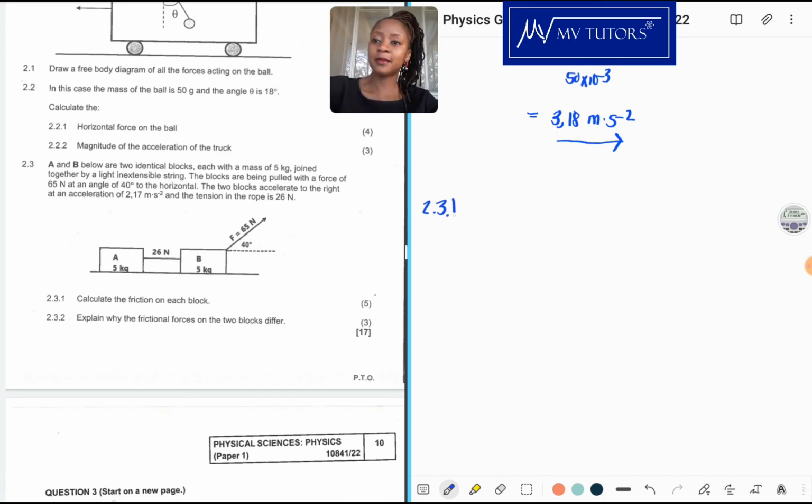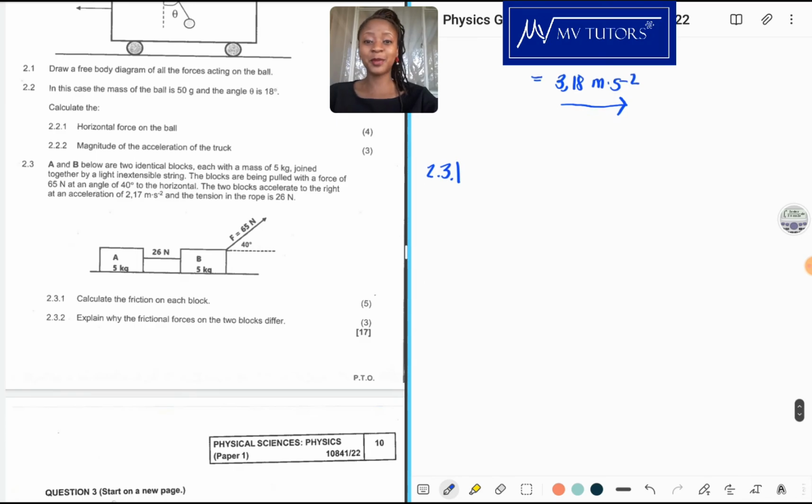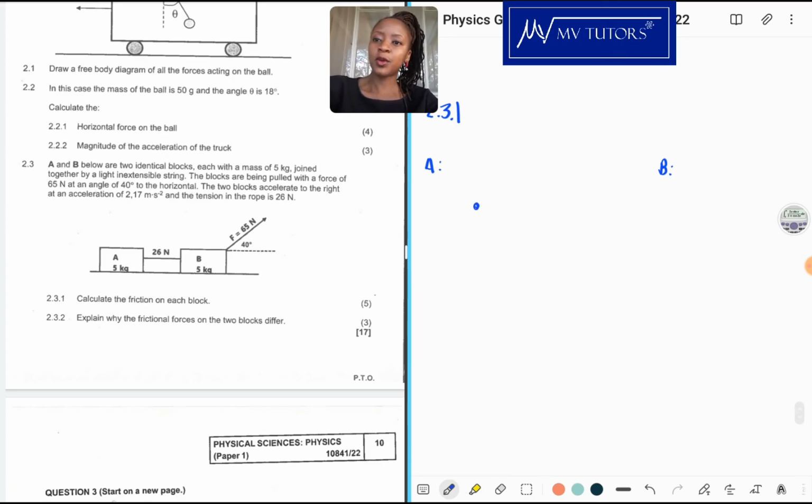Okay, for all the visual learners out there, we first start by doing the free body diagram for each block, because I don't see how else this would work out without one. So for A, we know that we have the force of gravity, the weight, so that's 5 times 9.8, and then we have the tension force, which is 26, they told us, and then we have friction on the other end, because it's moving to the right.